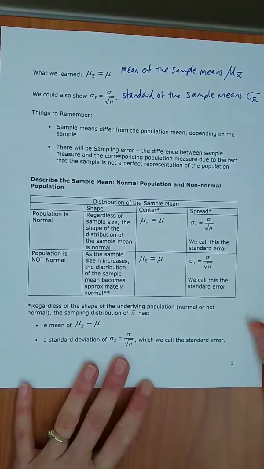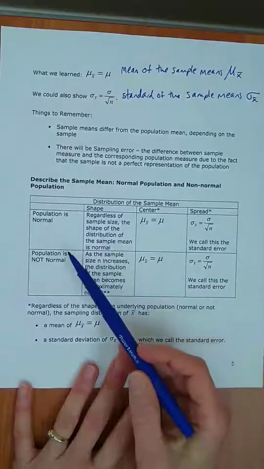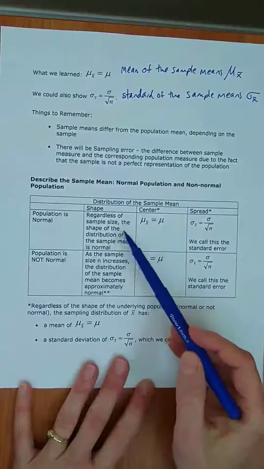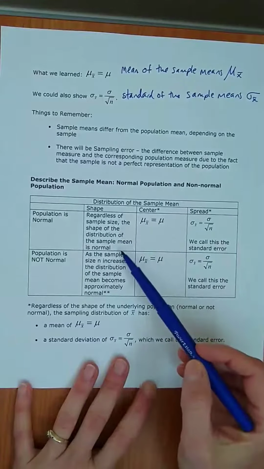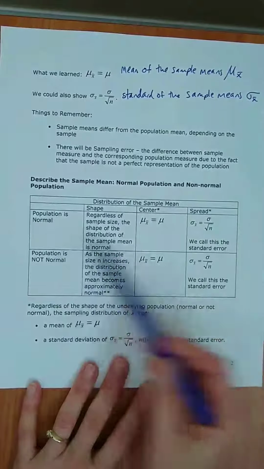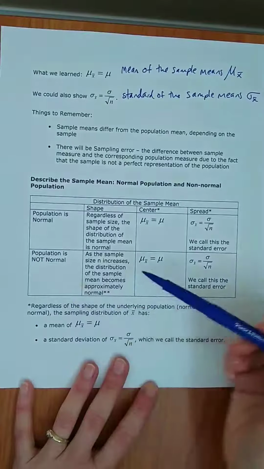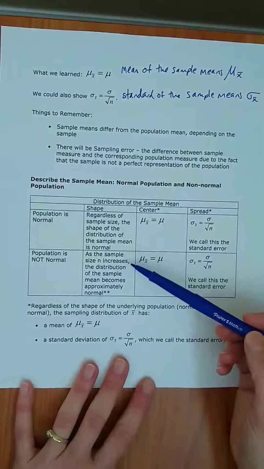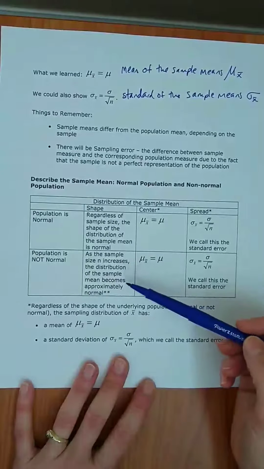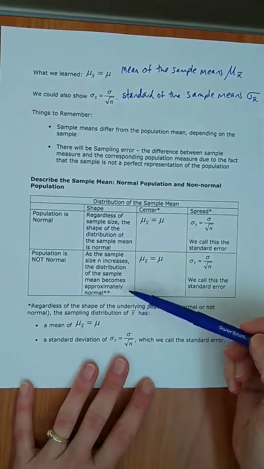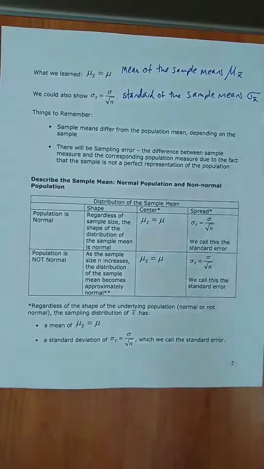We might not know. So if the population is normal, regardless of the sample you have, the shape of the distribution is normal, since the overall data is normal. If the population is not normal, then as the sample size n increases, so the bigger your sample is, the distribution of your sample becomes more normal, approximately normal.